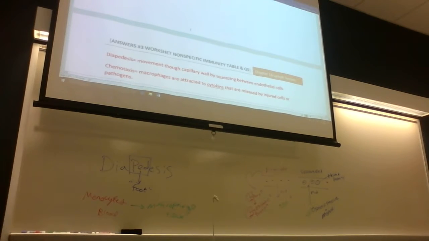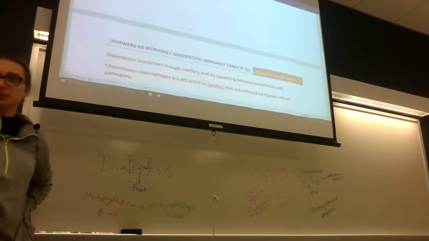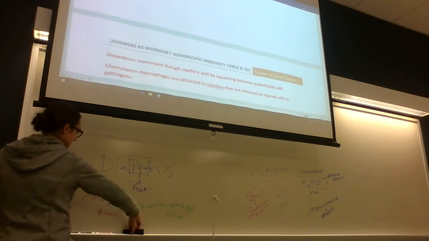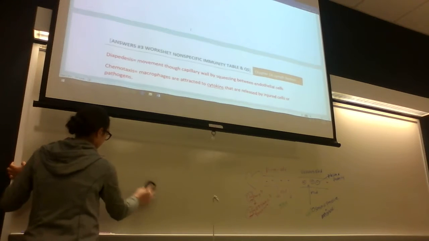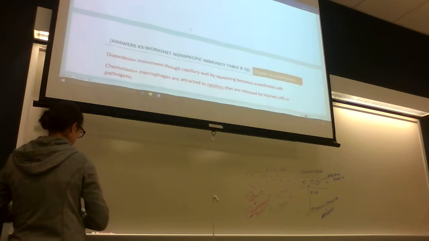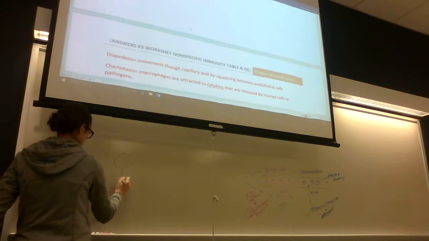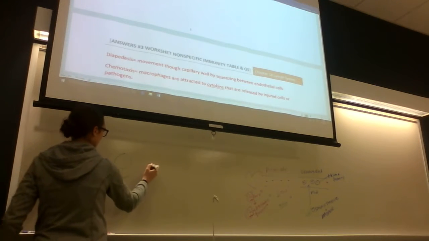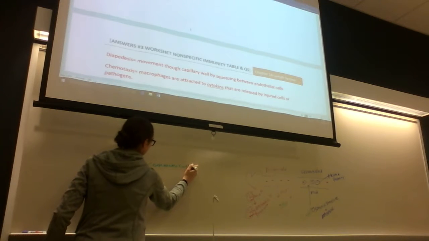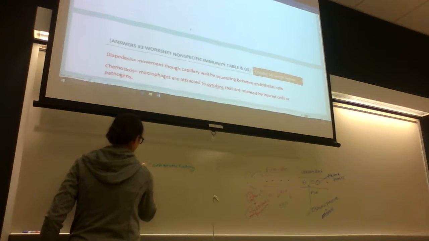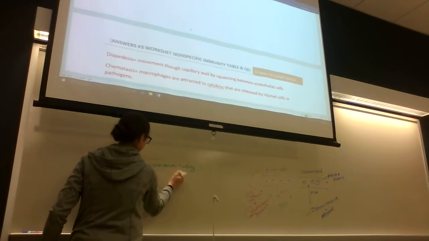The next thing we have is chemotaxis. So basically, when I talk to you, so this is me, and I'm communicating. I'm talking to you, and this goes to you.